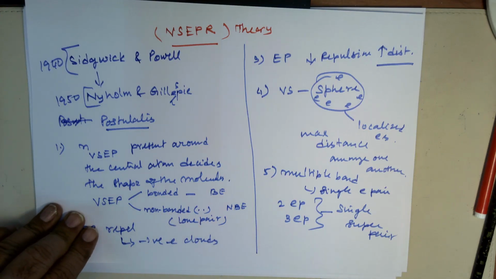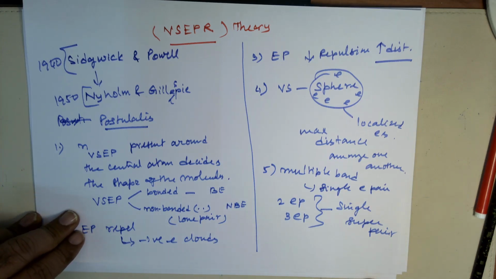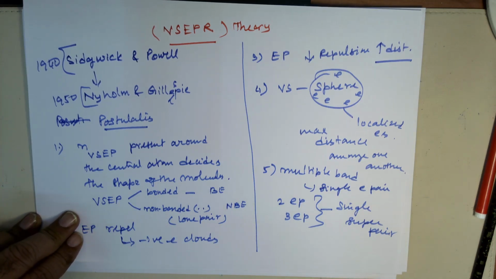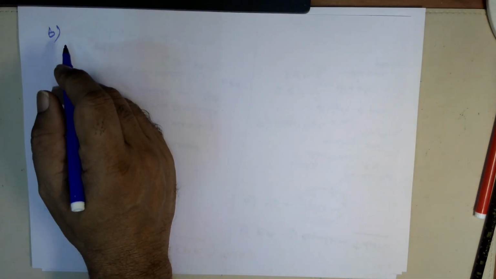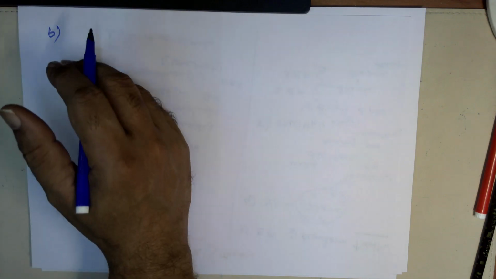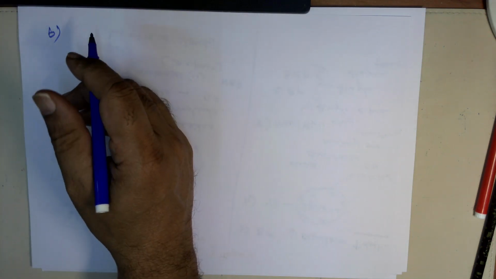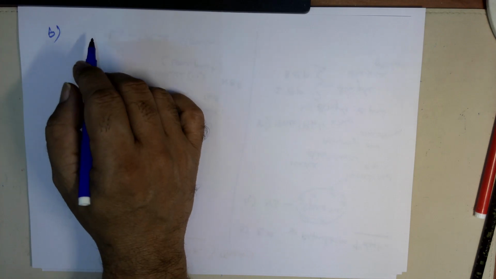Shall I move further? Next. If a molecule has several resonating structures, the VSEPR model is applicable to any one structure.